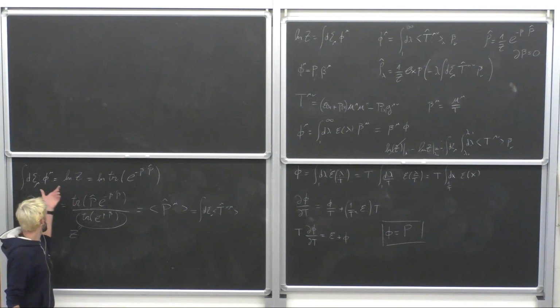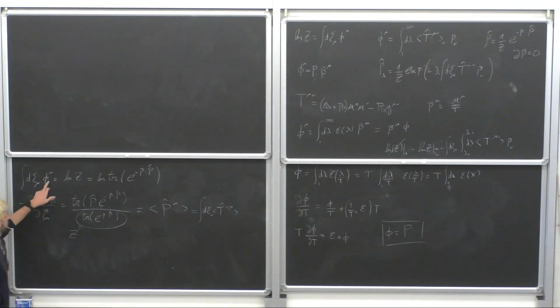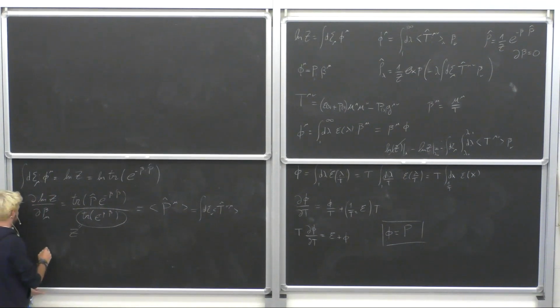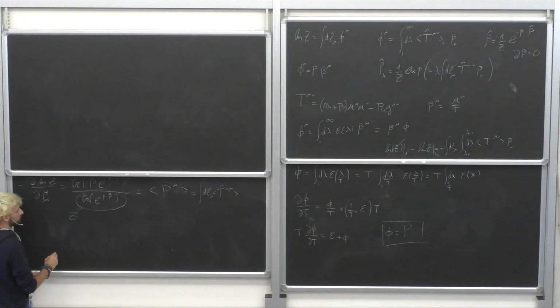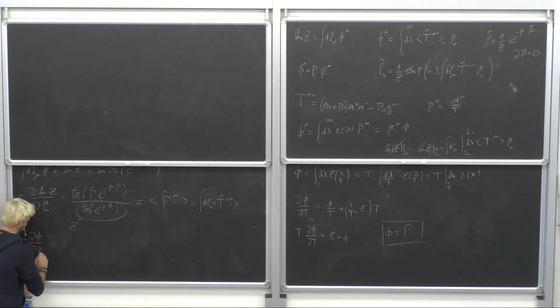So we can say that the integrands are equal. In fact, there could be some additional term. So we would like to do the following identification. We would like to say minus d phi over d beta mu is equal to the expectation value of t mu nu.